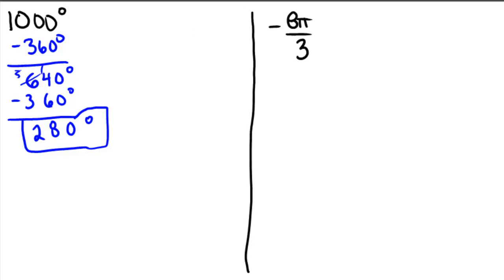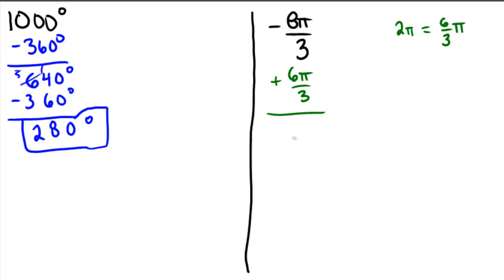Negative 8 pi over 3 is going to be too small because it's negative. So again, consider 2 pi. Did you hopefully discover that 6 pi over 3 is the same as 2 pi? Because that's going to give us our common denominator that we can use to find the answer. So negative 8 pi over 3, too small. Let's add 6 pi over 3.